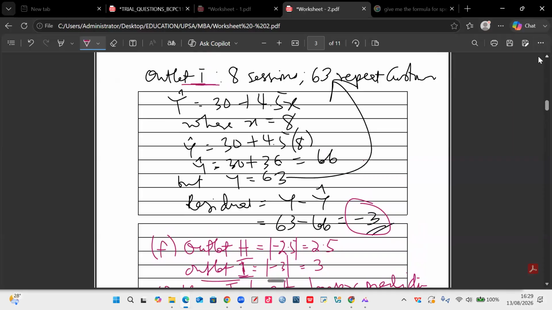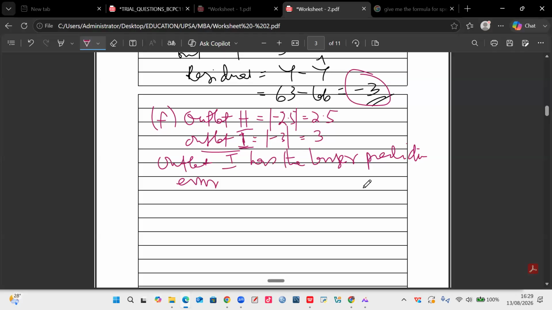It was over predicted. Why do you say that? Because the actual one was 63, but the predicted one was 66. Yes, that's it.